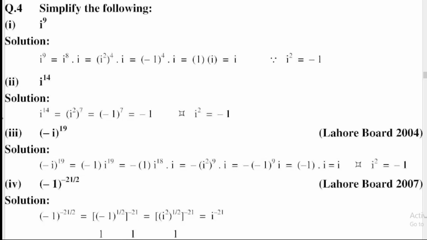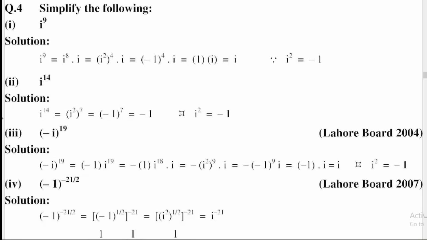So minus 1 into minus 1, since iota square is minus 1, power 9 dot iota. Minus 1 power 9, an odd number, is minus 1. So minus into minus 1 is equal to plus 1 dot iota, which is equal to iota.